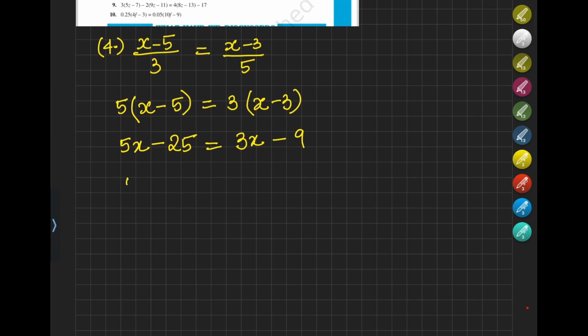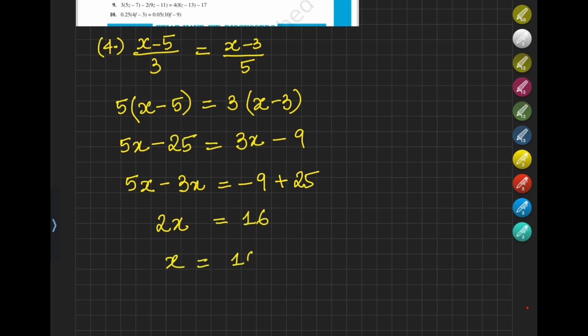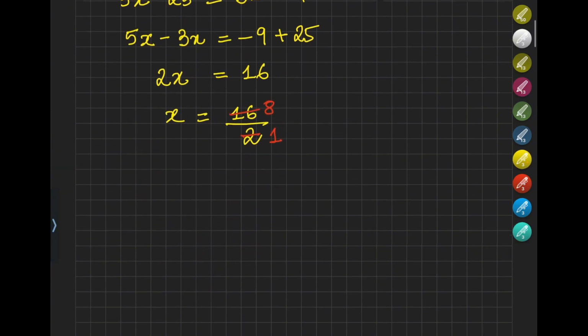Now let's isolate the variable in the LHS. Minus 3x is equal to minus 9 plus 25. 5 minus 3 is 2x is equal to 16. So x is equal to 16 by 2, which can be reduced to 1 twos are 2, 8 twos are 16.